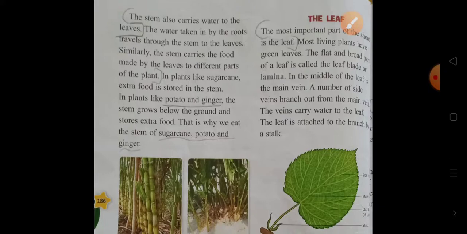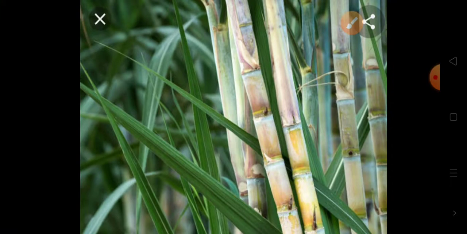And the stem also carries water to the leaves, and the water taken in by the roots travels through the stem to the leaves. Okay, students.